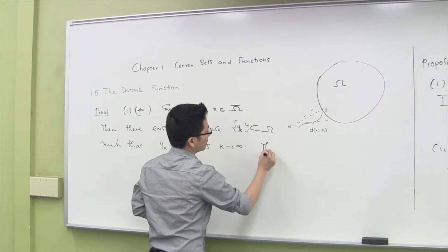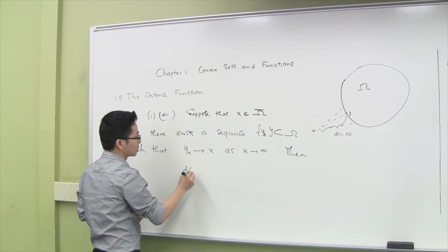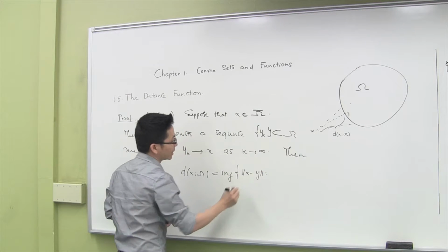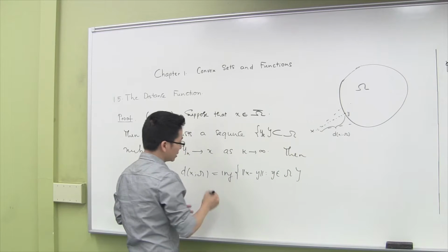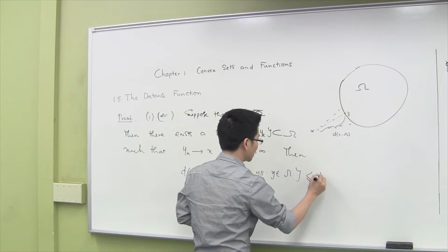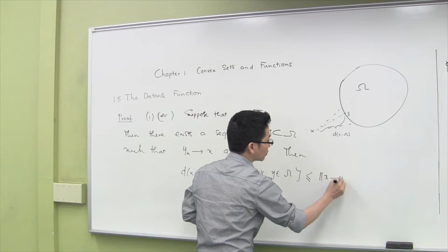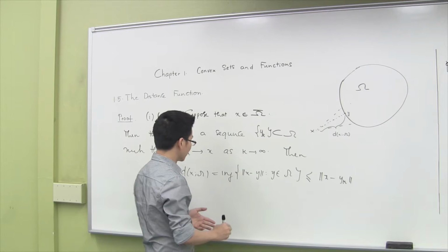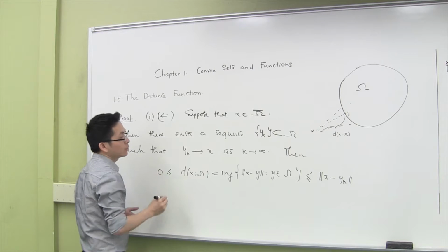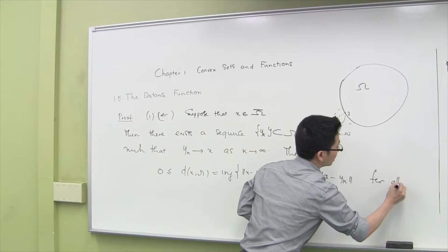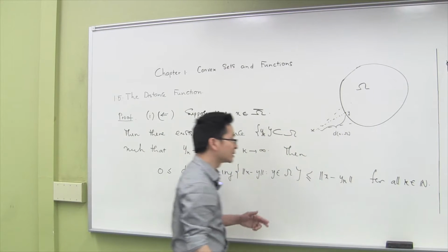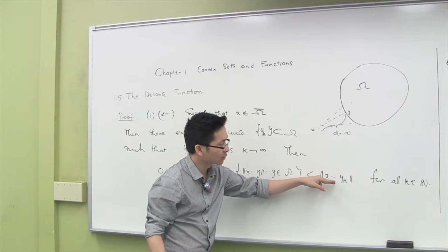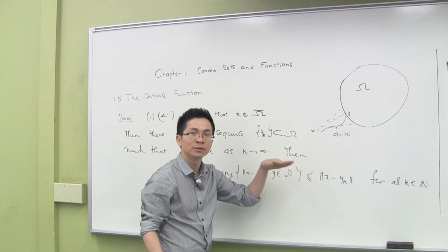Then, as we know, the distance from x to omega is the infimum of the norm of x minus y, where y is in omega. Therefore, this is less than or equal to the Euclidean norm of x minus yk. This is true because yk is in omega for every k. Okay, and this is greater than or equal to 0. This is true for all k in N. Now, if we let k approach infinity, this sequence, the norm of x minus yk, converges to 0.